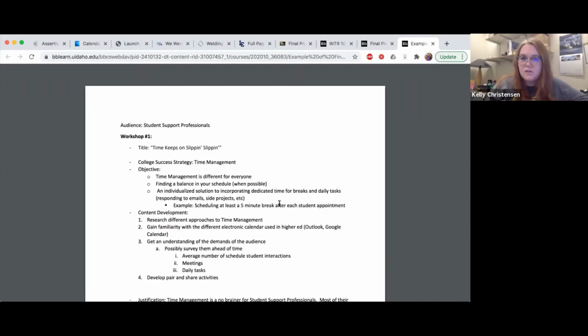Well, one way that you can do that is by having them pair up and share that information. So if there's some way to incorporate some of those previous things that you already did, you totally should. They could also fit into the justification portion. But keep in mind that the content development is all of the steps you're taking beforehand to actually build the thing. So keep that in mind as you get your final draft finished.